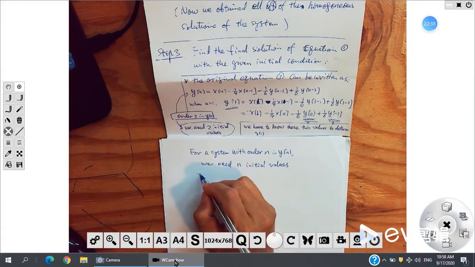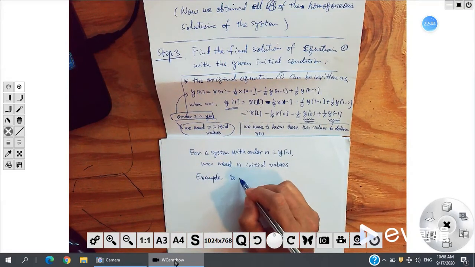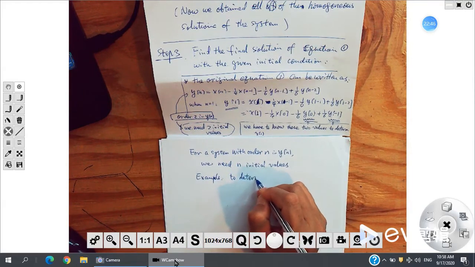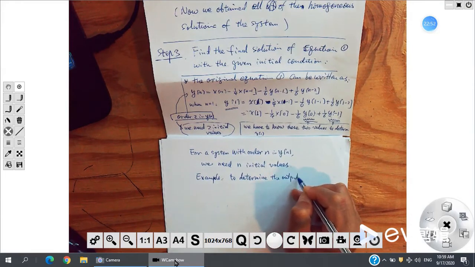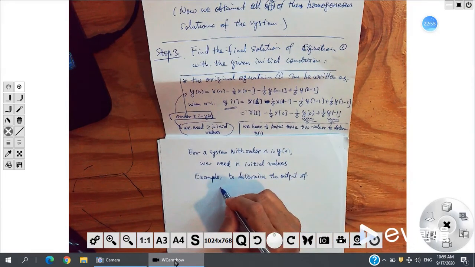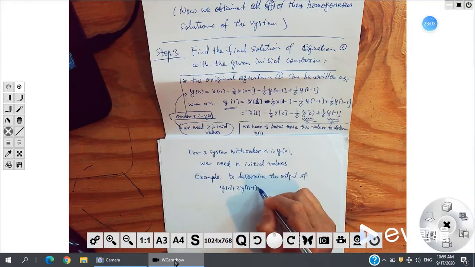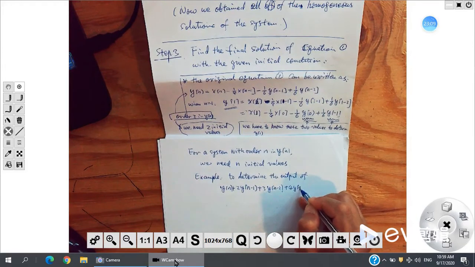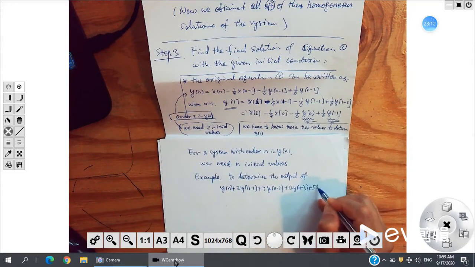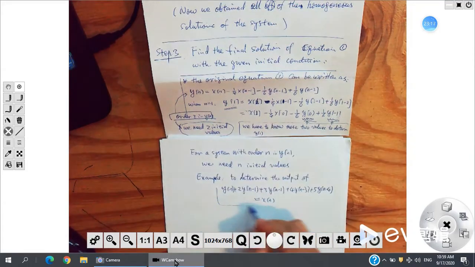For example, to determine the output of the system, like y of n plus 2 y of n minus 1 plus 3 y of n minus 2 plus 4 y of n minus 3 plus 5 y of n minus 4 equal to x of n. Like this one, we want to determine the output.